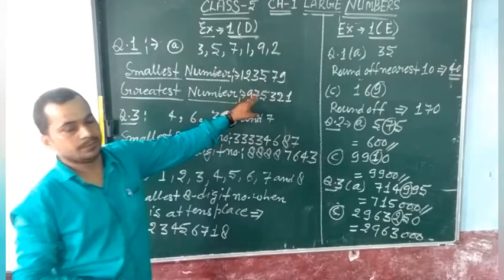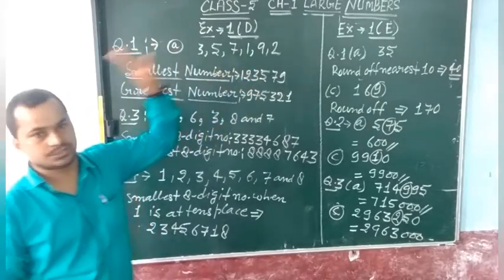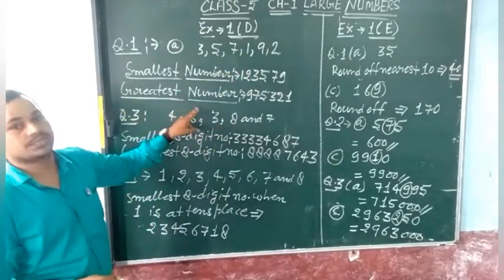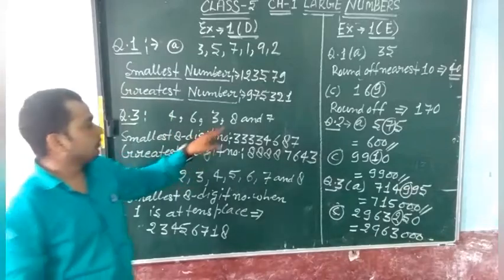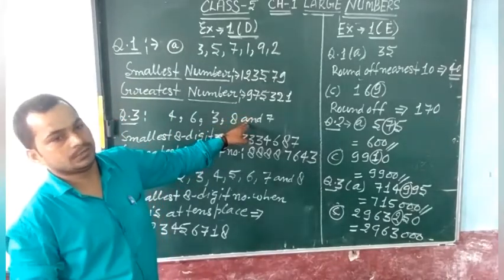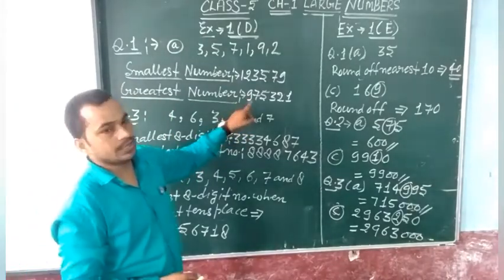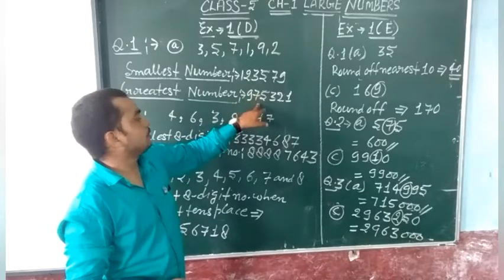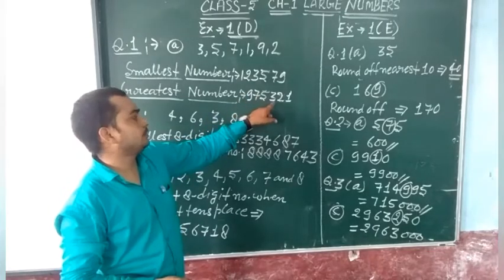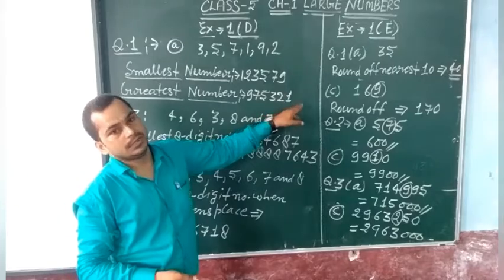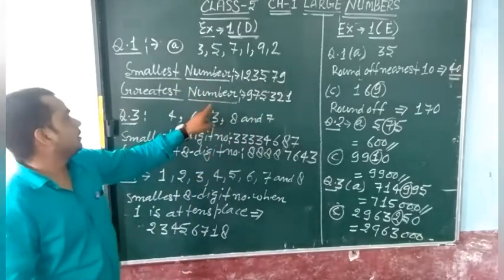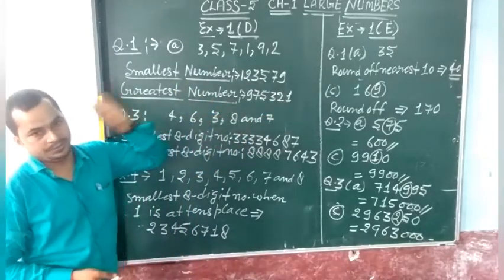That is the smallest number from the given digits. Now the greatest number, so we arrange in descending order. So first we write 9, 7, 5, 3, 2, then 1. That is the greatest number obtained.